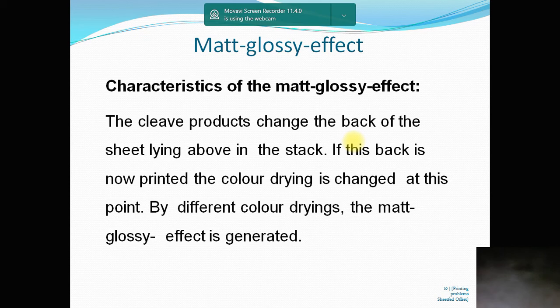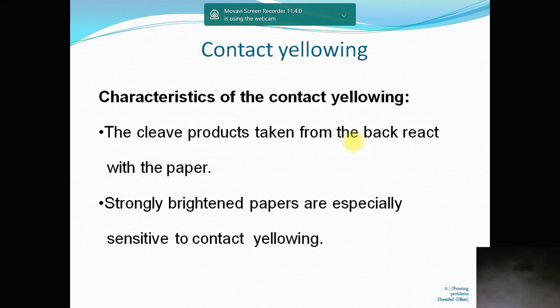That's the reason if the back of the sheet is now printed, it may take more time or its color drying is changed. By different color dryings, the matte glossy effect is generated.